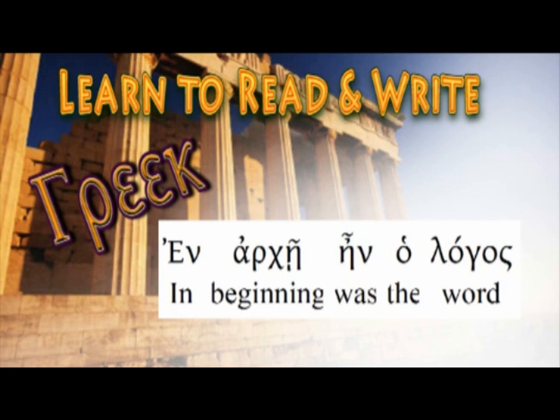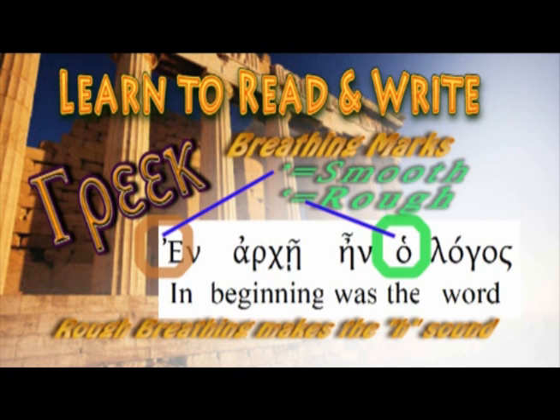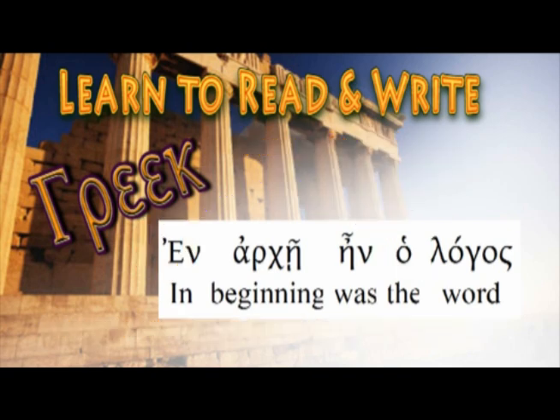Smooth breathing is indicated by the right single quotation mark, and rough breathing is indicated by the left single quotation mark. Notice that words that begin with a vowel all have either a rough breathing mark or a smooth breathing mark.